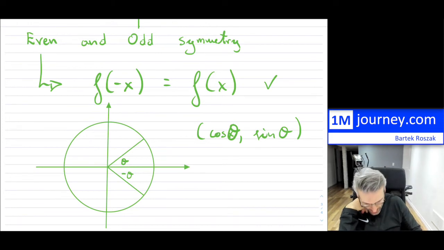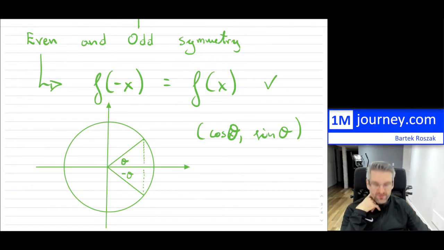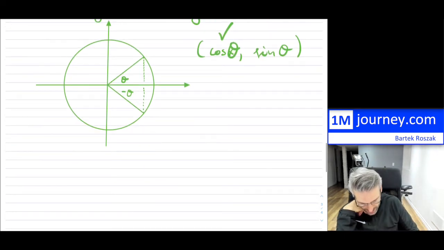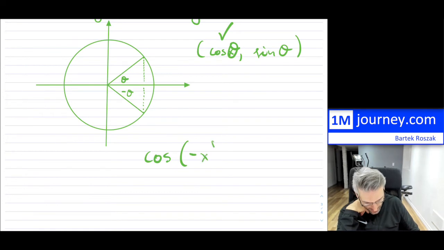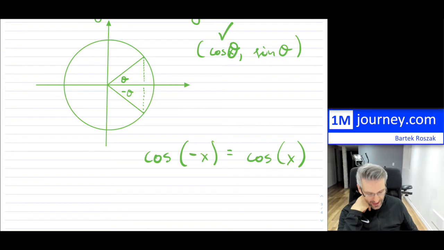Which one is going to be the same as my original? Well, it's going to be the x value. So that means it's cos theta. So cos theta is actually going to be even. What it means is if you plug in negative x, it's equal to cos of x.